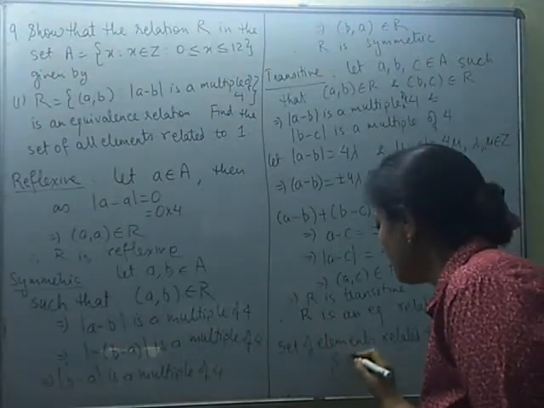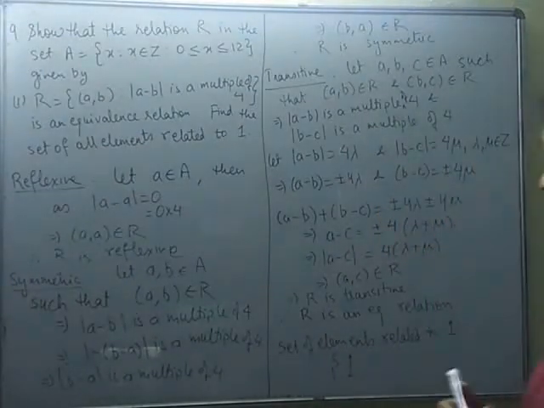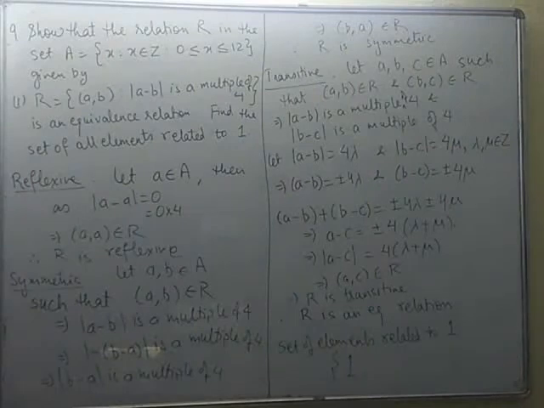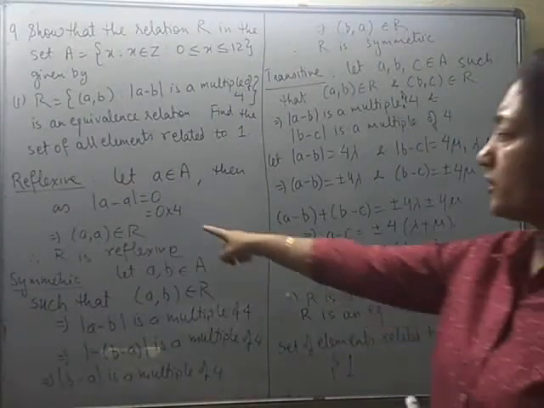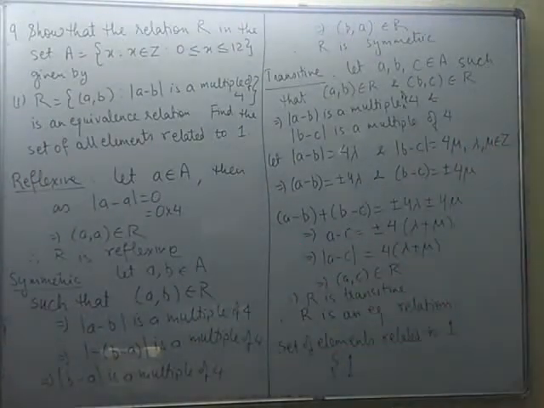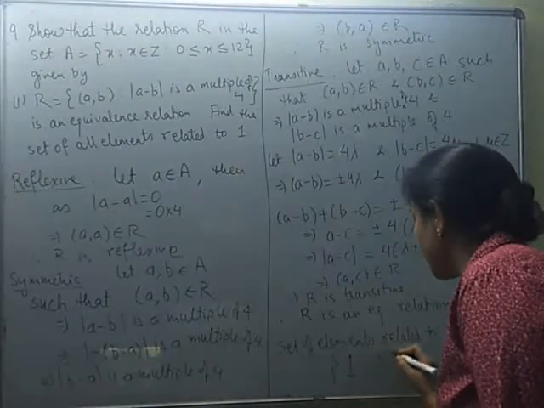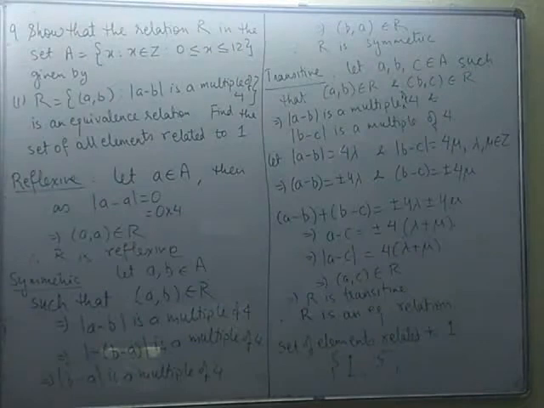Okay. Now we can say 1 can be related to itself because we know mod of 1 minus 1 will be 0 and 0 can be written as a multiple of 4. What else can be related with 1? 1 can be related with 5. Whether you take the difference 1 minus 5 or 5 minus 1, it comes out to be plus minus 4, modulus of which will be plus 4 only. So 5 can be paired with 1.